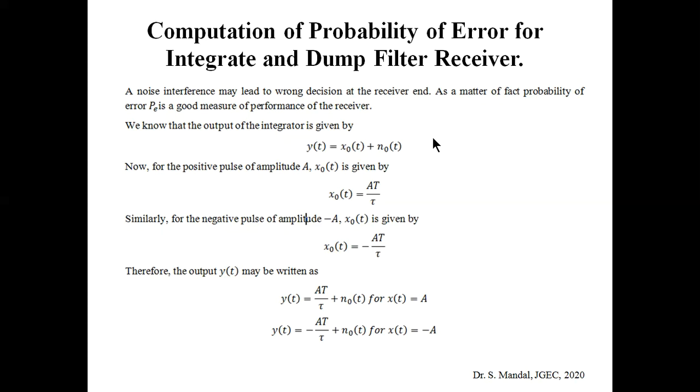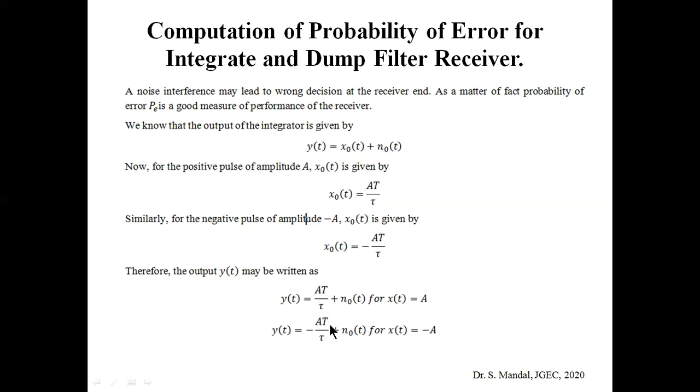Okay. Now observe the second equation. In that case, we expect that the polarity of the output signal will be negative, so that we can detect the input signal as a negative pulse. So what will happen if the value of n naught t is greater than AT by tau?